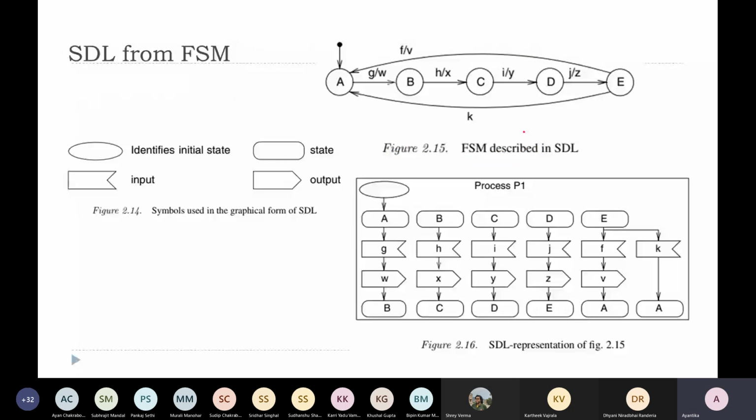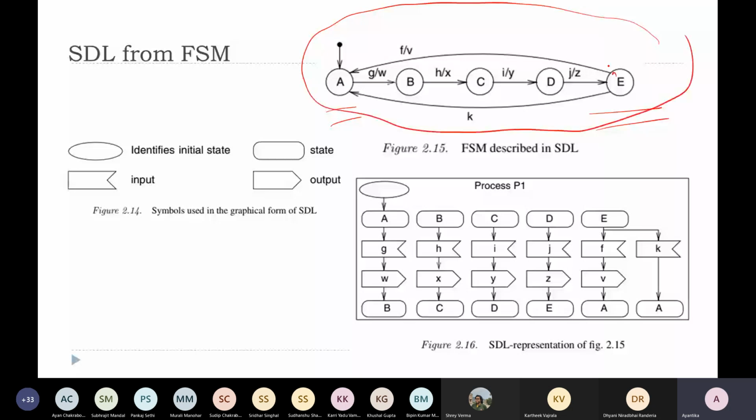See, if you remember, this was our discussion about finite state machine. Maybe this is one problem specification that we have mapped to these states. These are 5 states, and G, H, I, J are the transition conditions or the guards we have defined.